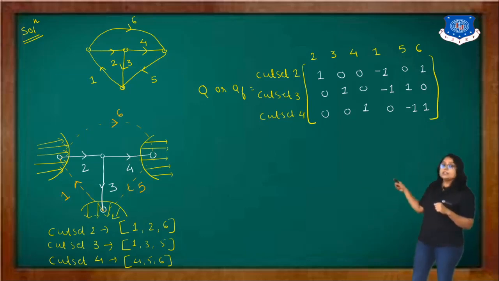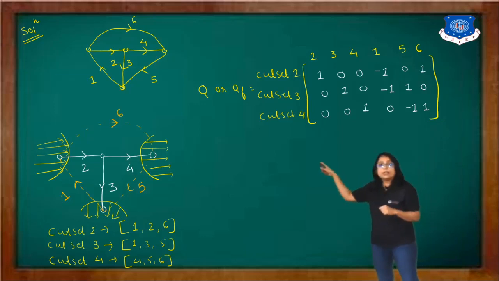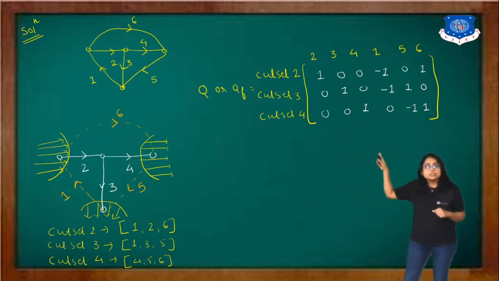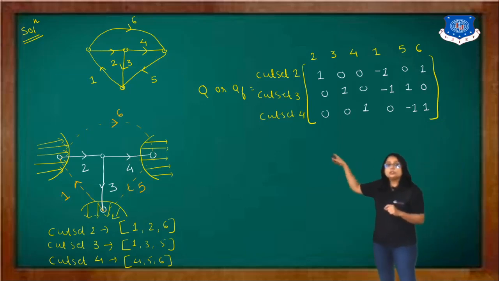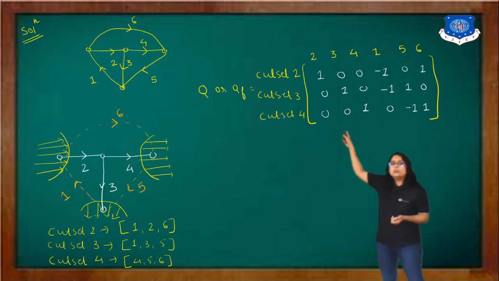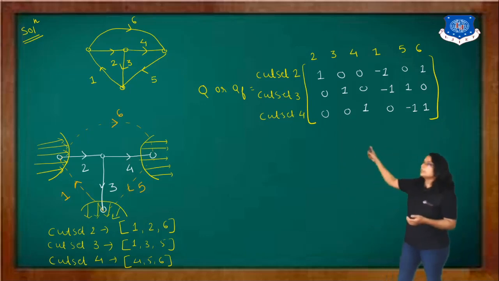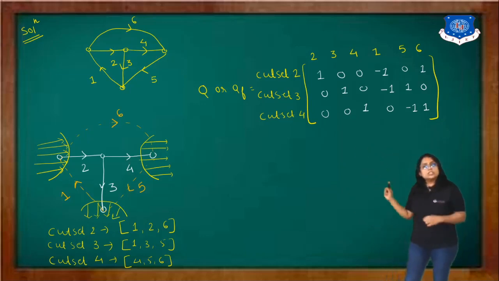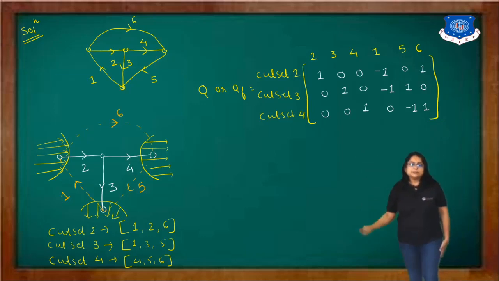Now in a cut set matrix, you just see the matrix that is formed by the twigs. Twigs are 2, 3, 4. Check the branch numbers 2, 3, 4. That is a unit matrix. That is always so, if you take any other tree, then this matrix is a unit matrix. So this way you can verify your answer.